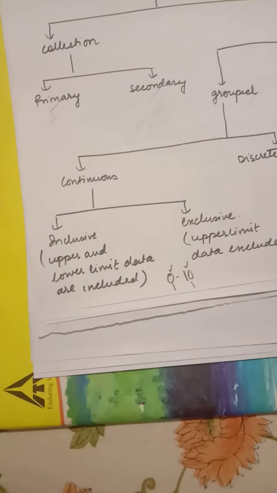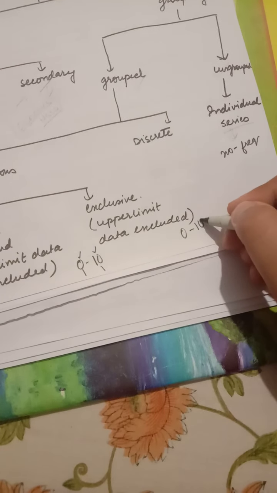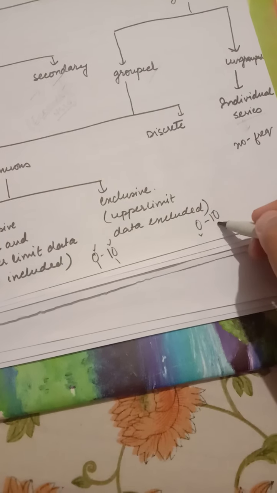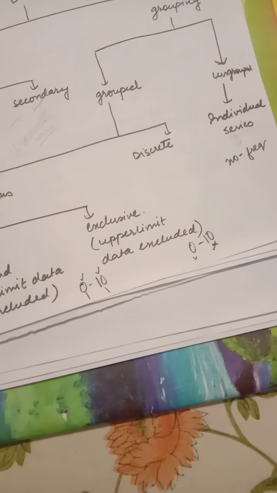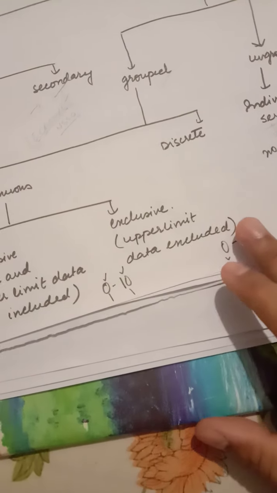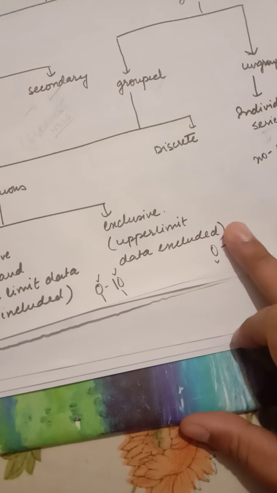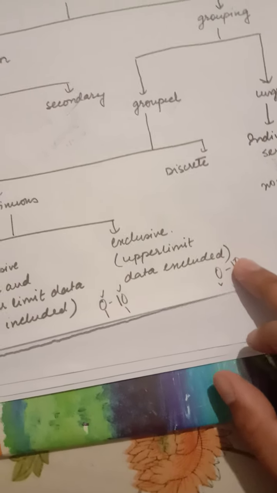But in exclusive series, say 0 to 10, this is included, but we can't include this, because we have to exclude this. We could take up to 9.99999, but we couldn't take the data which has been mentioned as 10. Got it?